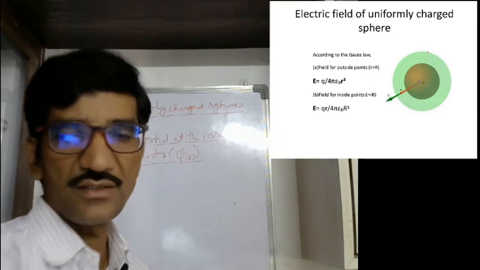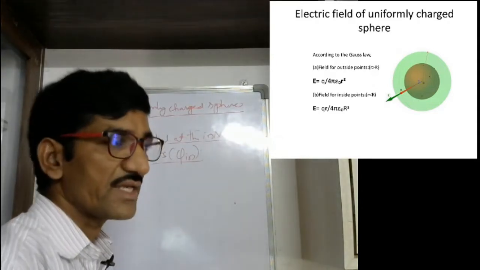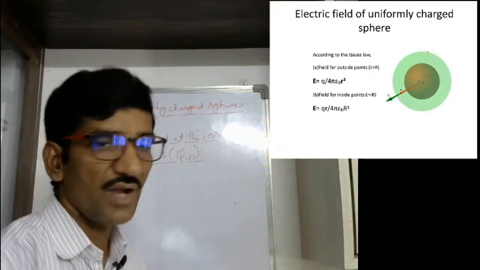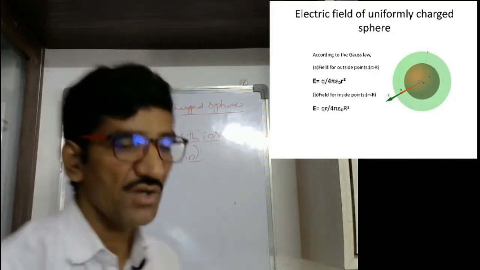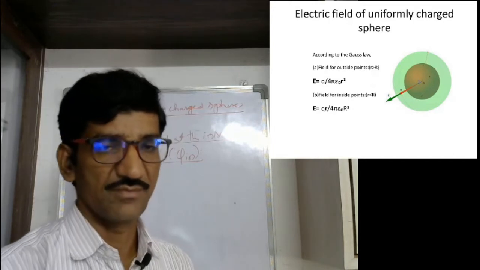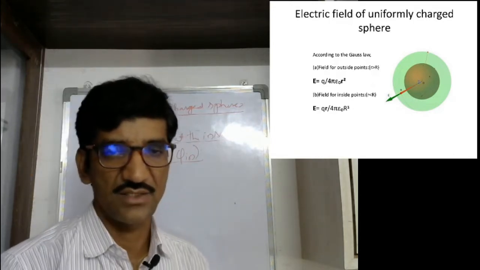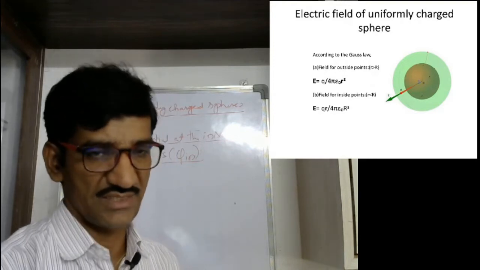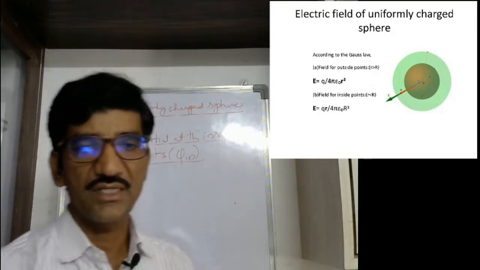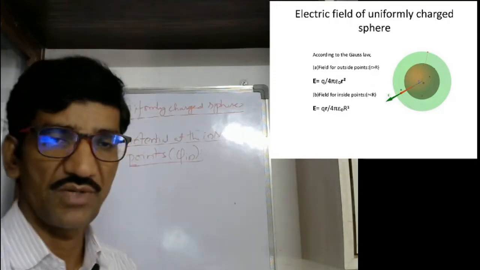You see in the slide here, in this case, this is a symmetrical object. That's why, in order to find the potential of such objects, first of all we take the electric field, which is calculated from the Gauss law of electrostatics. So we make use of those results for inside and outside the sphere in order to calculate the potential at inside points and at outside points respectively.